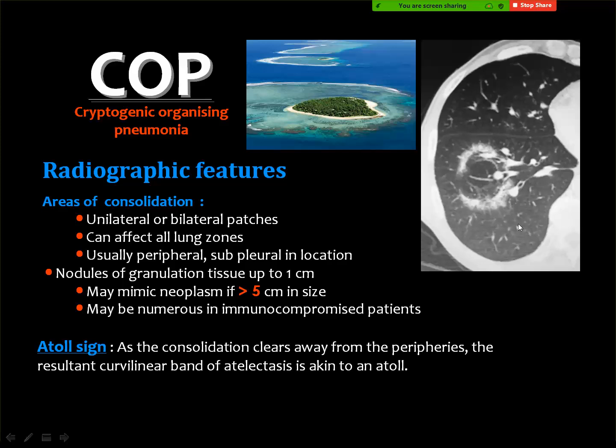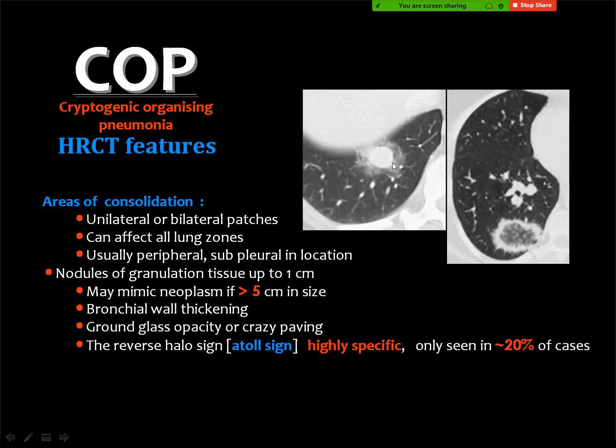You usually see the halo around the lesion, not inside the lesion. This is the halo sign: the lesion surrounded by a halo. Here you see the lesion with a halo inside. This is known as the atoll sign, which is seen in 20% of cases, but it is highly specific for cryptogenic organizing pneumonia.